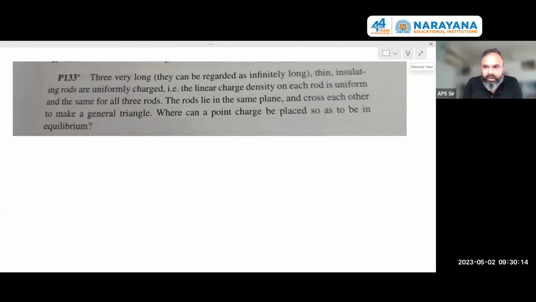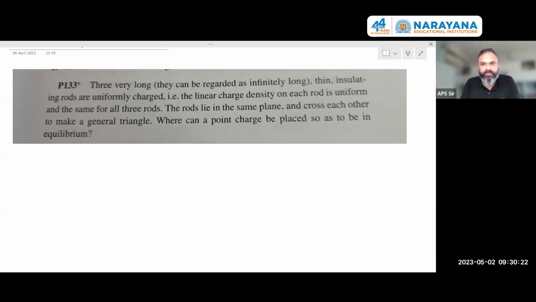Okay, let's take this problem in consideration here. You have three very long, infinitely long, thin insulating rods.